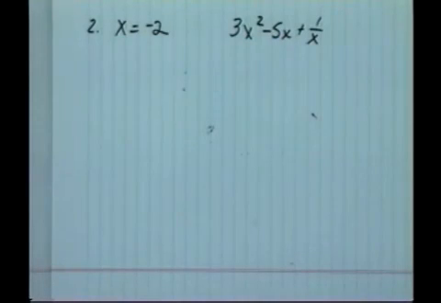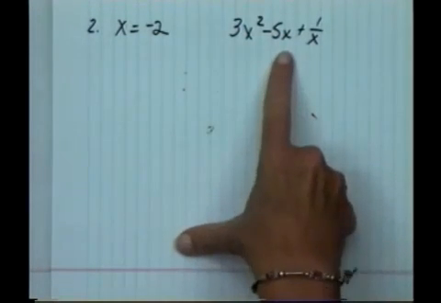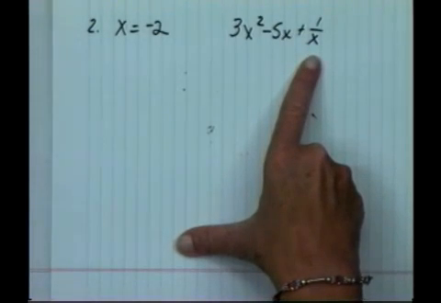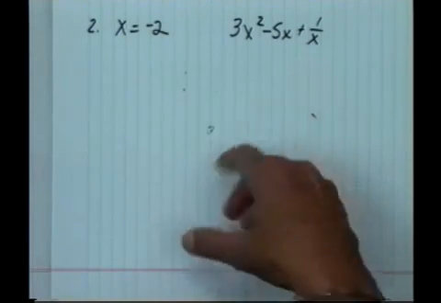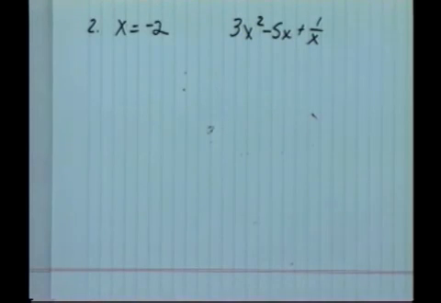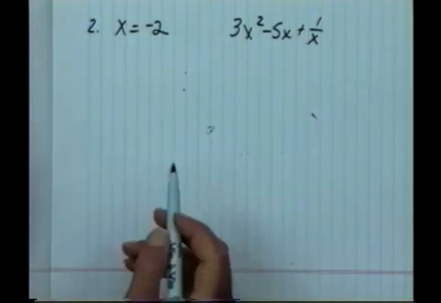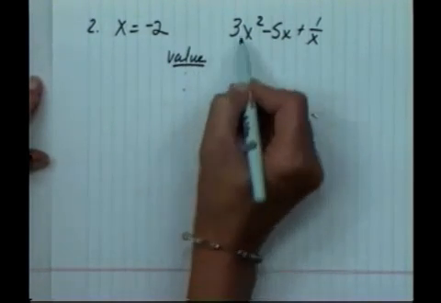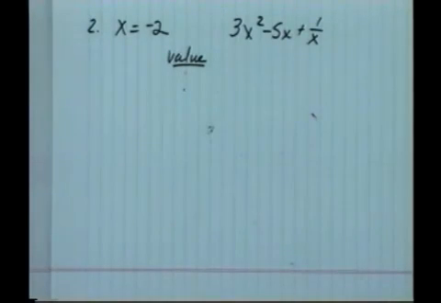Find the value of the expression. Why are we calling this thing an expression and not an equation? Doesn't have an equal sign. It's just 3 terms. It's an expression. It's not set equal to anything. All right, so it says find the value of the expression when x is equal to negative 2. What did everybody do?